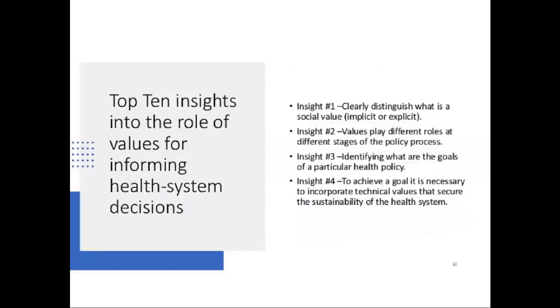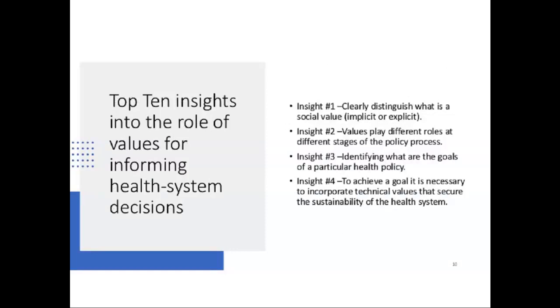So I would like to make a summary of the top 10 insights that I'm going to discuss today. The insight number 1 is that it's important to clearly distinguish what is a social value, even if the value is not explicitly exposed in the laws and the documents of a health system.